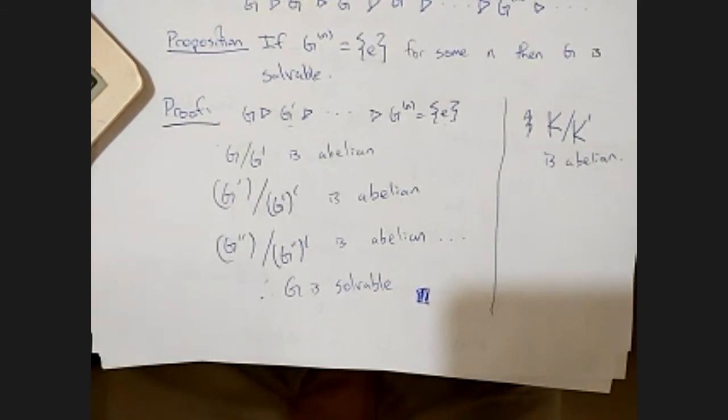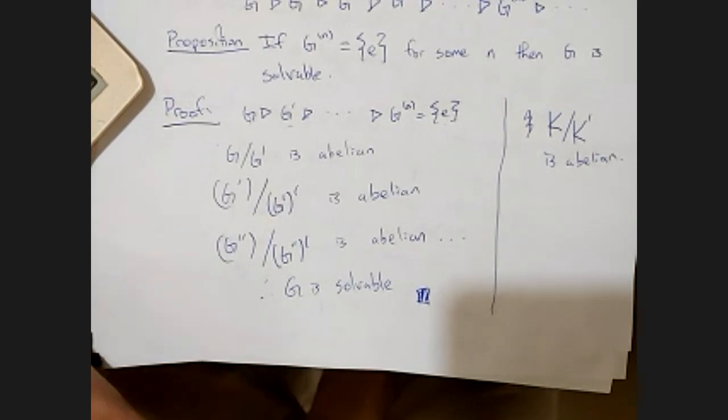Then we'll finish up talking about solvable groups, and then in the last part, we will start talking about rings, at least for a little bit. Okay, so see you in about 8 minutes or so.